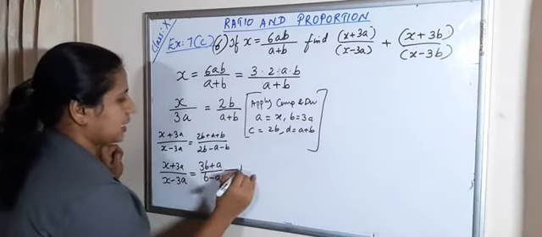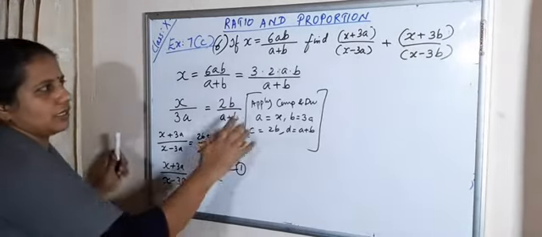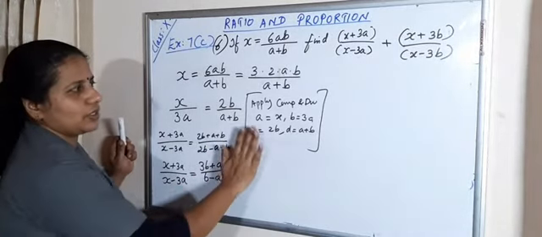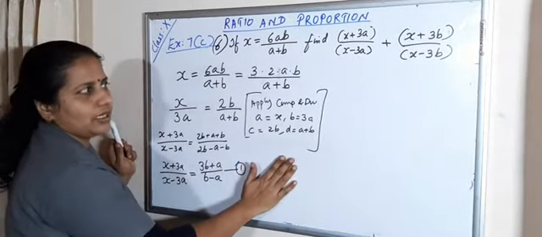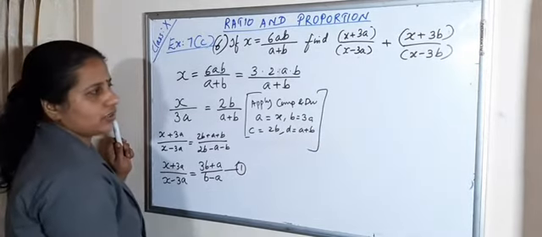Now take it as 1. Clear? So write this in your notebook first, because I have to rub this one. Otherwise I will not get space to write.